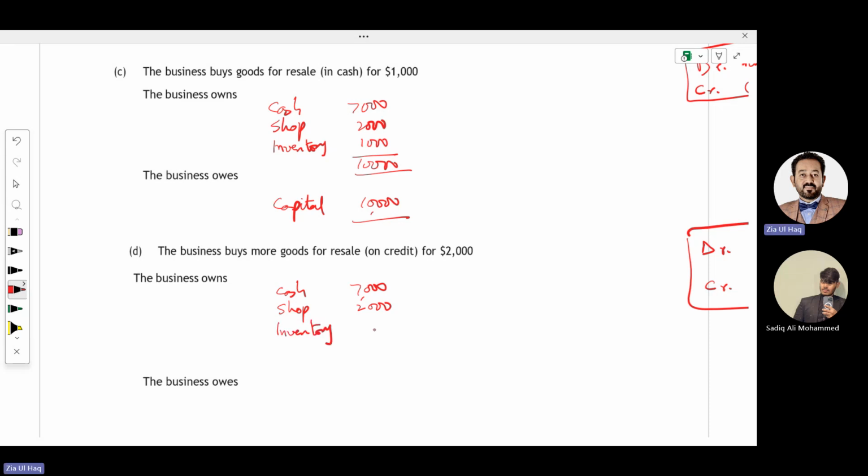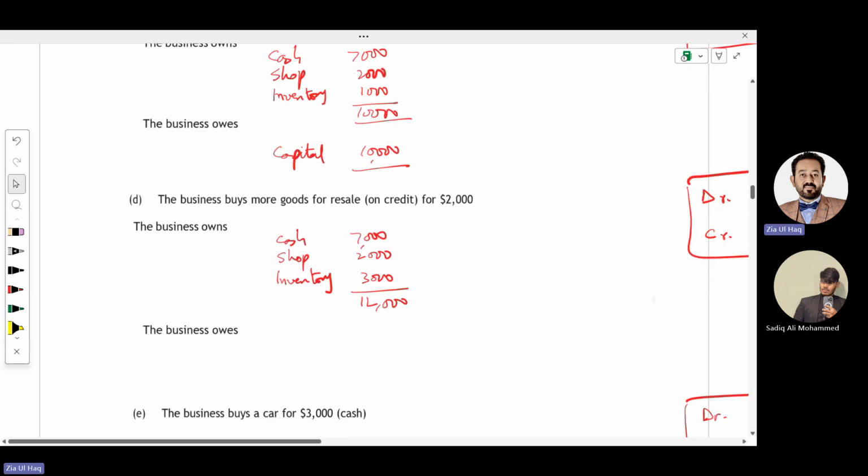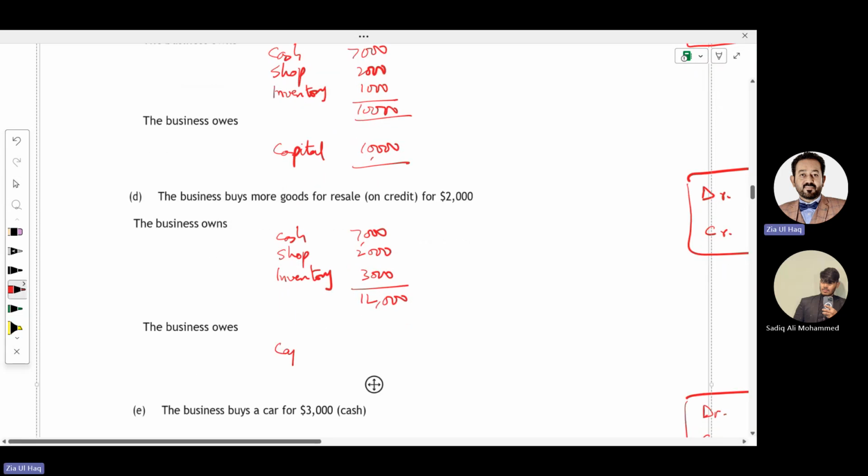What does the business own now? 12,000. What does it owe? Capital will be the same 10,000, and the remaining 2,000 that the business bought on credit will be payables. Payable 2,000, so this will also become 12,000.